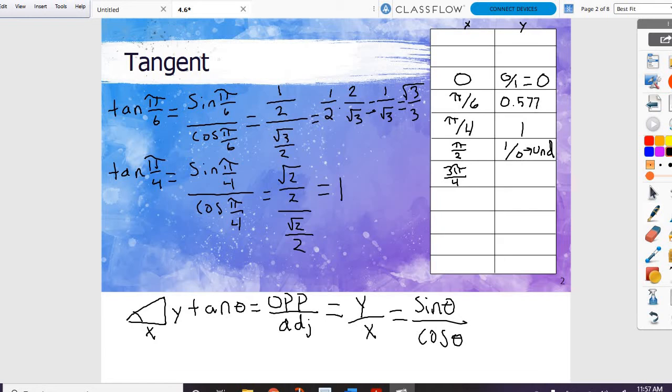At 3 pi over 4, my values are still going to be square root of 2 over 2 divided by square root of 2 over 2. The only difference is in my second quadrant, cosine is negative. So if I have a positive divided by a negative, what am I going to get? A negative. So instead of just 1, I'm going to get negative 1.